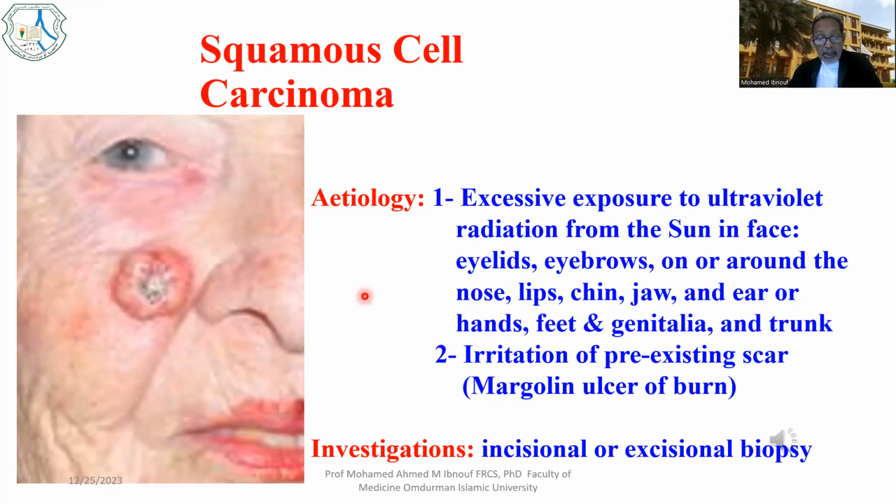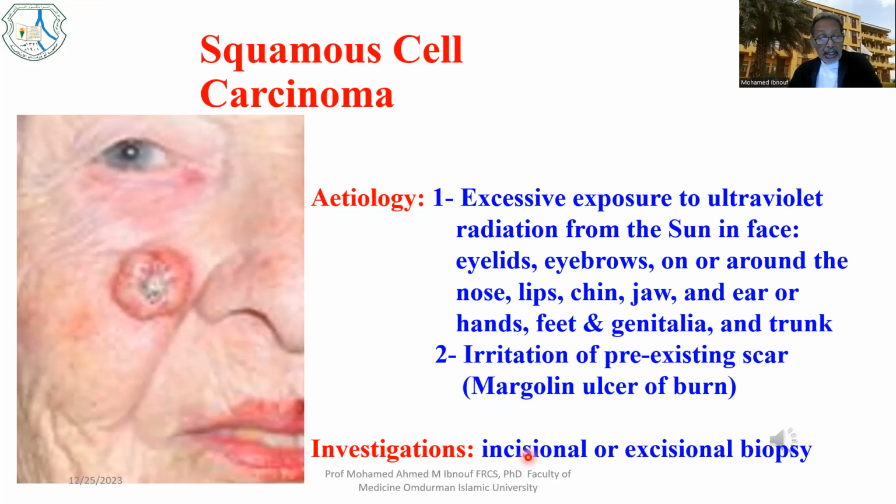Or it occurs at an area of continuous irritation in a pre-existing ulcer, as in the Marjolin ulcer. This is the ulcer with elevated margins near the nose or nasolabial fold with a necrotic edge.